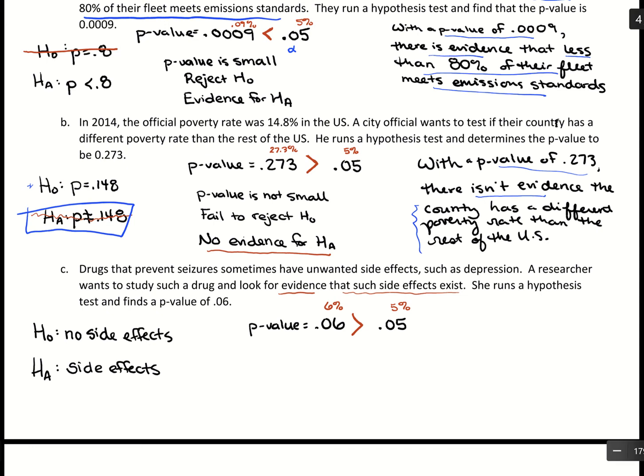So p-value is large. So p-value is not small. So we have a similar scenario to what we saw in B. So we would fail to reject the null, which means no evidence for the alternative. So there weren't significant side effects.